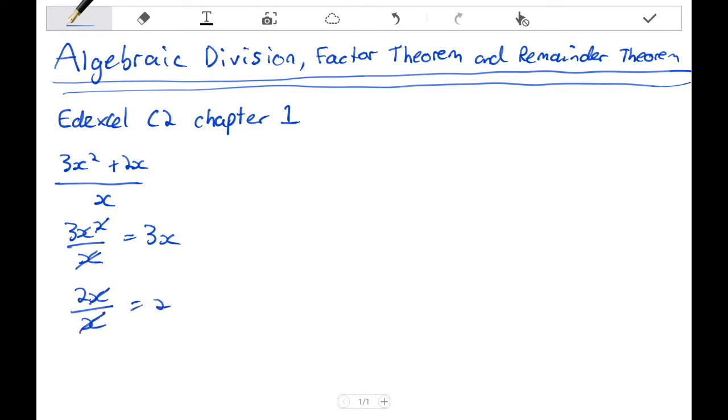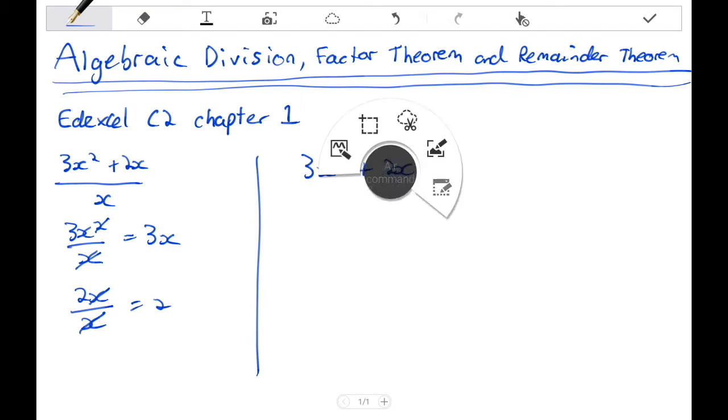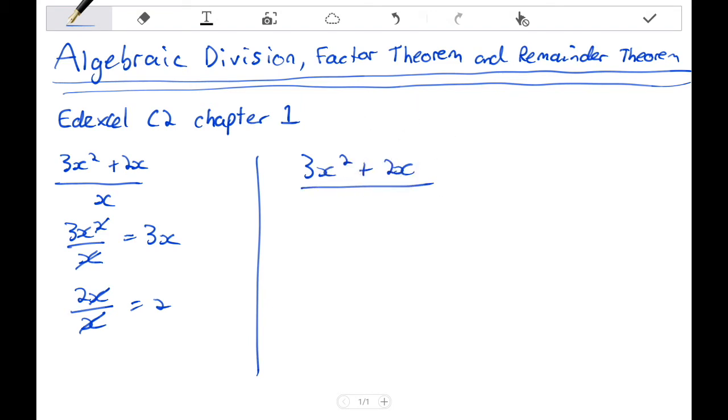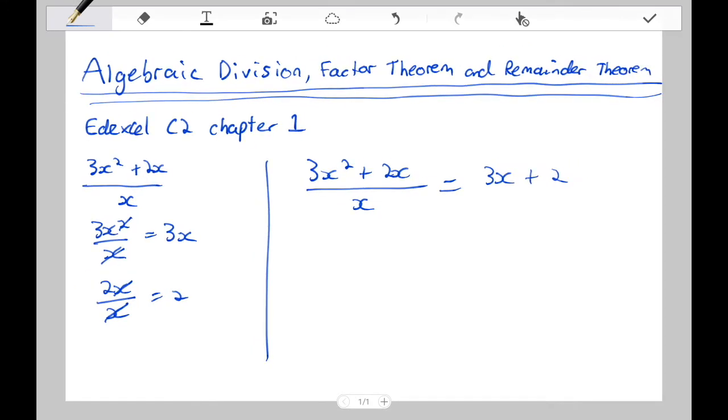So that means that 3x squared plus 2x divided by x cancels down simply to 3x plus 2. Okay, what else can we look at before we need to move on? Well, we need to look at what happens if we've got factored algebraic expressions.